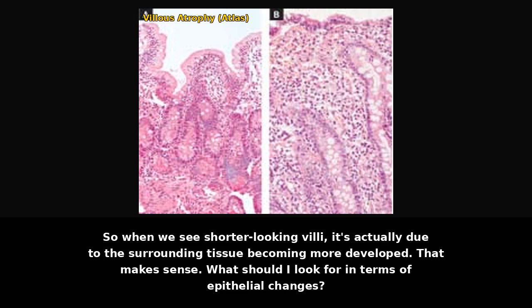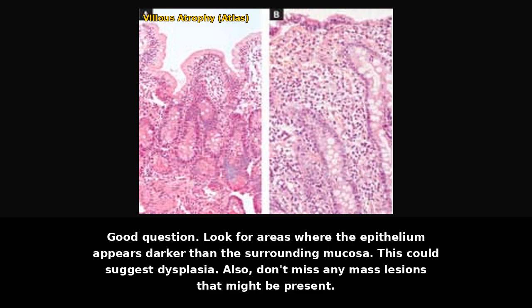That makes sense. What should I look for in terms of epithelial changes? Good question. Look for areas where the epithelium appears darker than the surrounding mucosa. This could suggest dysplasia. Also, don't miss any mass lesions that might be present.